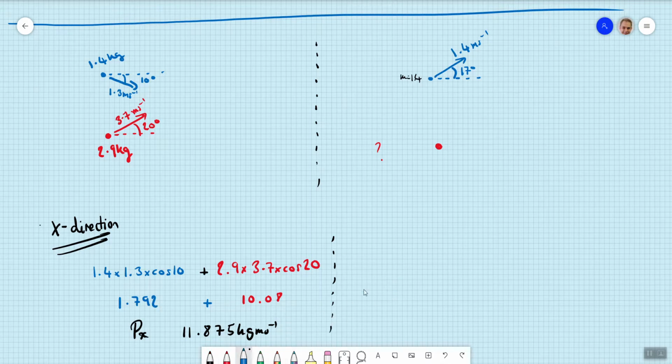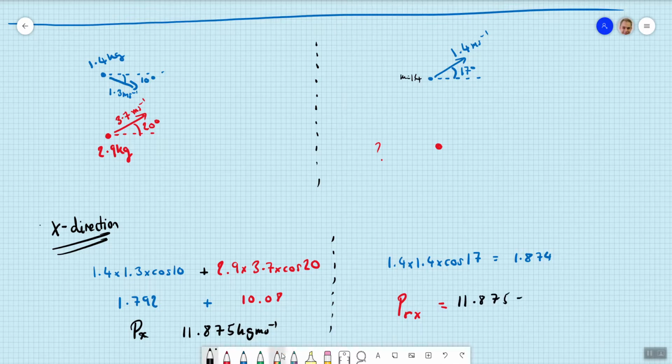So the momentum of the red ball in the x direction is equal to 11.875 minus 1.874, because whatever this is plus whatever this is should equal my x momentum.